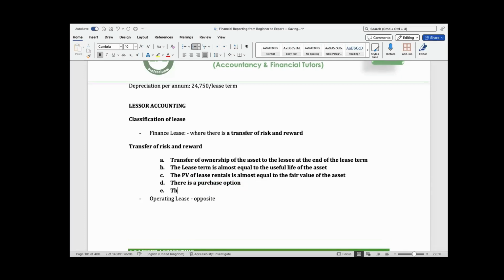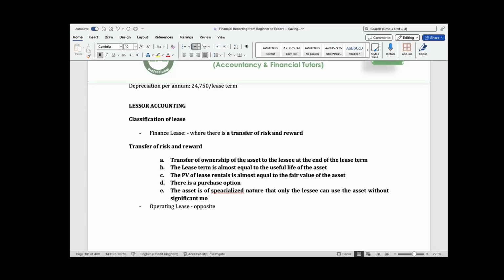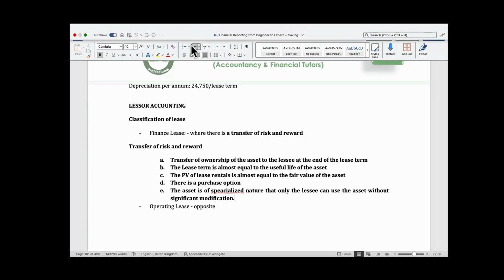And finally, if the underlying asset is of a specialized nature, that only the lessee can use it and use the assets without significant modification, that's also an indicator that we are looking at a finance lease here.